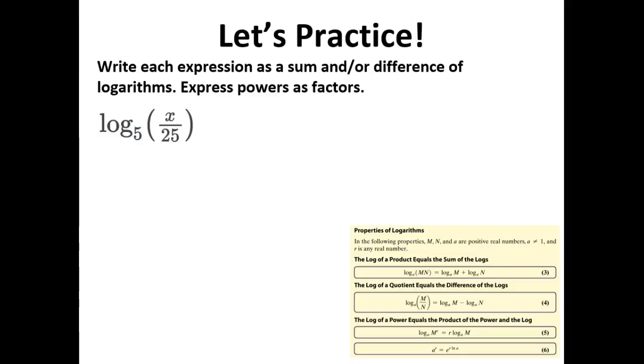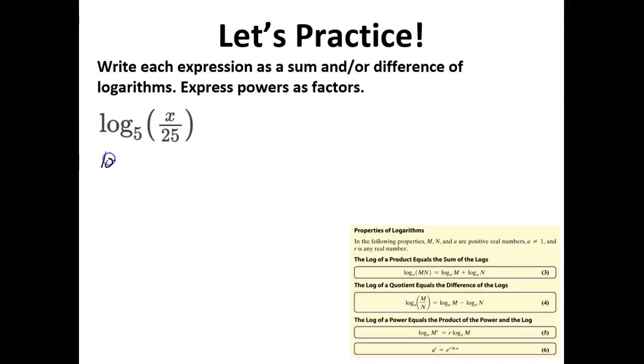Here, we want to get some practice writing the expressions as a sum or a difference of the logarithms. So express powers as factors. As a sum or a difference, here we have a quotient. So we're going to use the quotient property.